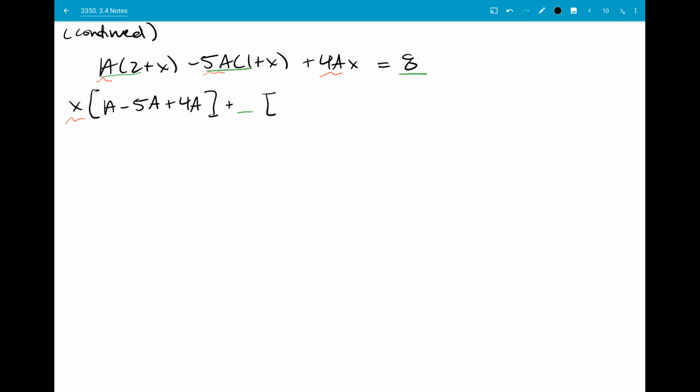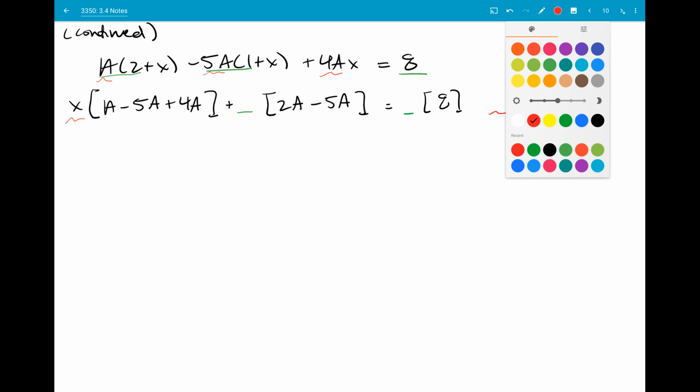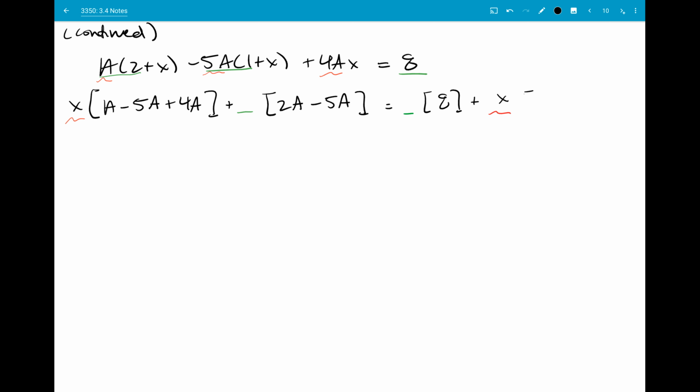So all those are going to be 2a minus 5a equal to 8. And then there was no x term on the right-hand side, so I could also say that my x term should be equal to 0.